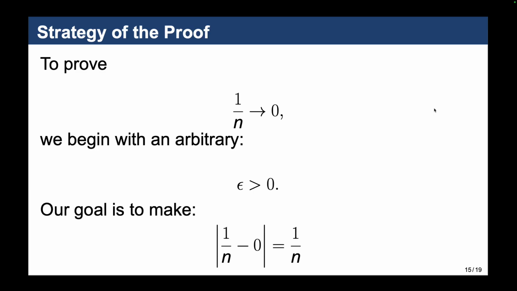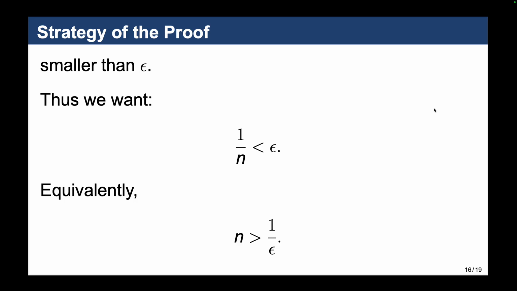To prove 1 over n approaches 0, we begin with an arbitrary epsilon greater than 0. Our goal is to make the distance between 1 over n and 0, which is equal to 1 over n, smaller than epsilon. Thus, we want 1 over n less than epsilon.